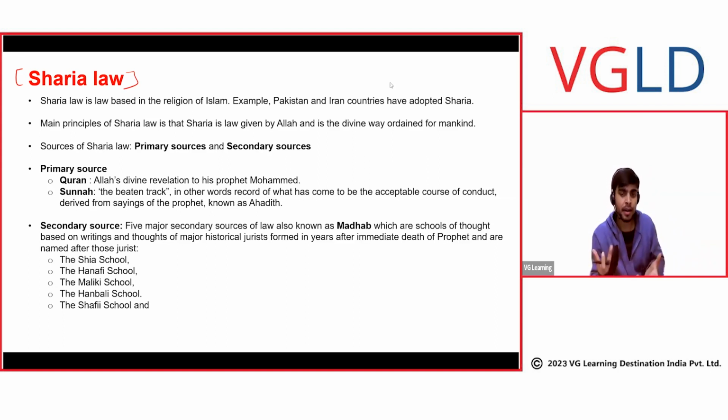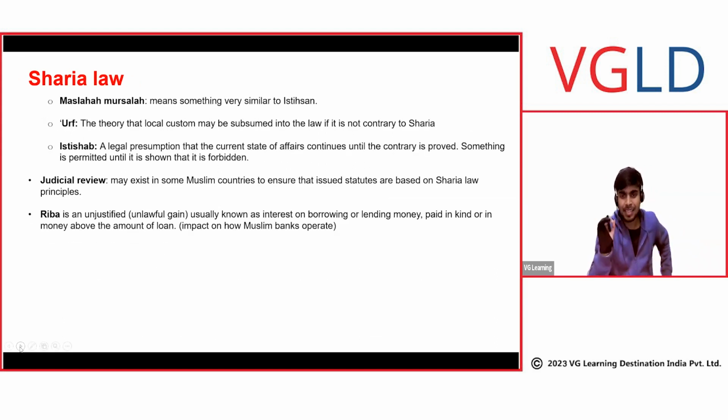This is something called riba, which we will learn. This is not given in very much detail here, but we have been given an understanding of Sharia law: what Sharia law is, how it was made, and what its components are. What I want you to understand is why this has been given in your syllabus.